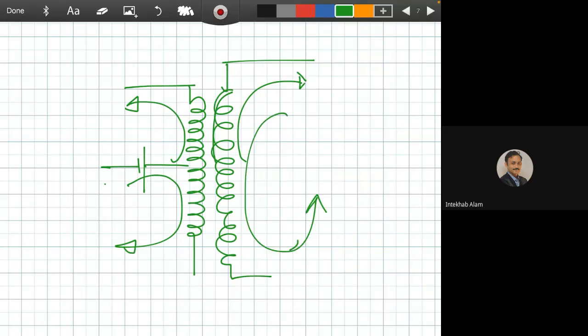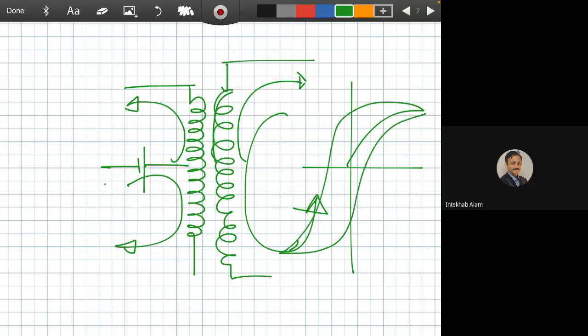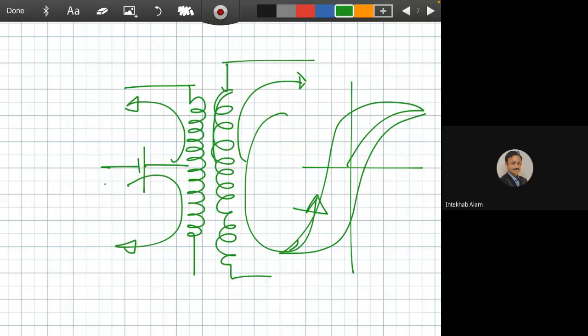So when we see the hysteresis curve, it will look like this: push and pull, push and pull. Push means we are giving a push, and then we are pulling current from the load, using a transformer. Sir, does this push and pull happen at the same time?